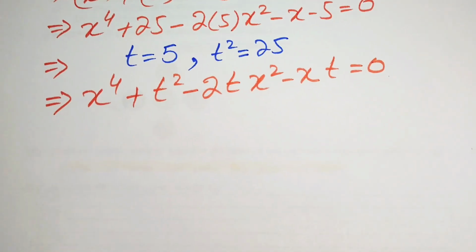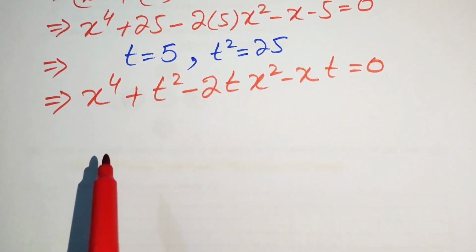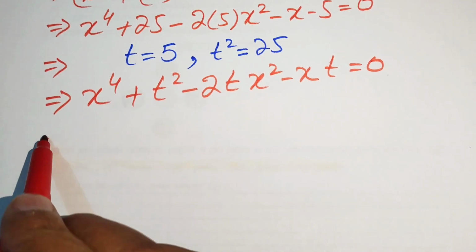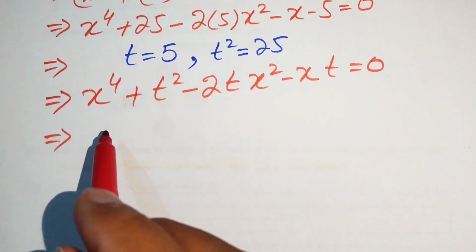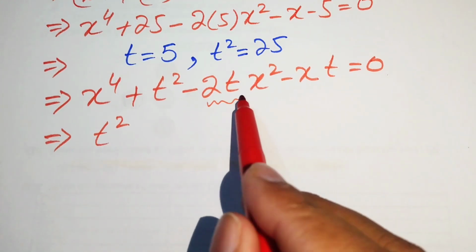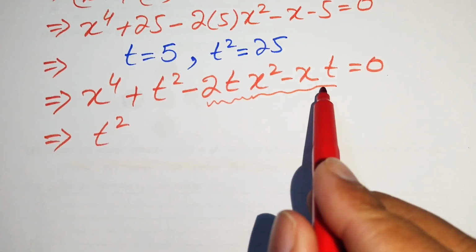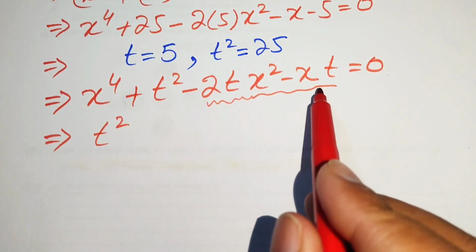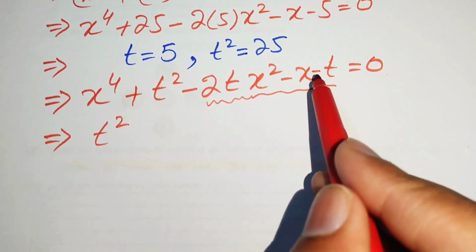Now we write this equation as a quadratic in the t variable, so we rearrange these terms. This is t square, and sorry, here you have minus t.